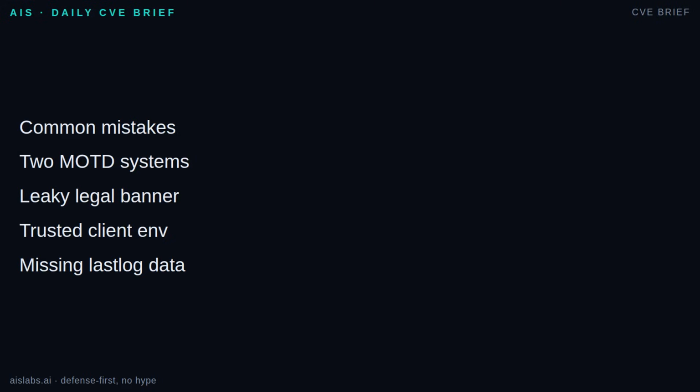AcceptEnv allows selected variables from the client, usually locale values. PermitUserEnvironment is off by default for a reason. Enabling it can affect forced commands and restricted workflows. Third, expect variation. Some systems use PAM for MOTD and lastlog, some use sshd options, and minimal containers may not maintain login databases at all.